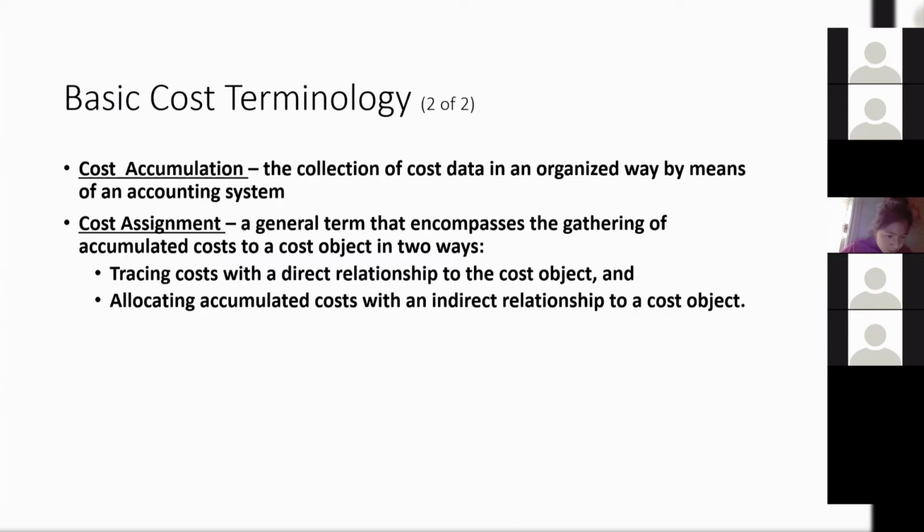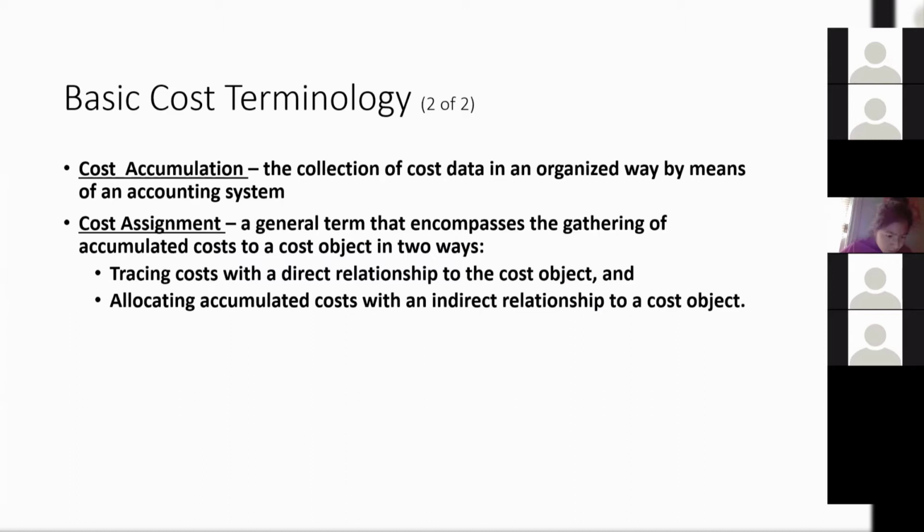Tracing accumulated costs have a direct relationship to the cost objects. We generally think of direct materials and direct labor as something that we can trace. Allocating accumulated costs have an indirect relationship to a cost object. Generally, that would be manufacturing overhead. All those costs that are associated with the factory that are not direct materials or direct labor.